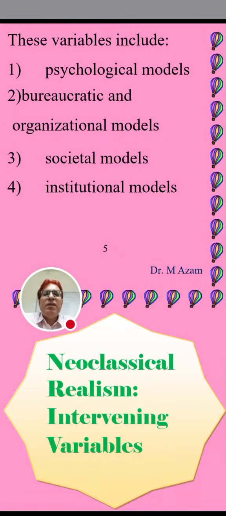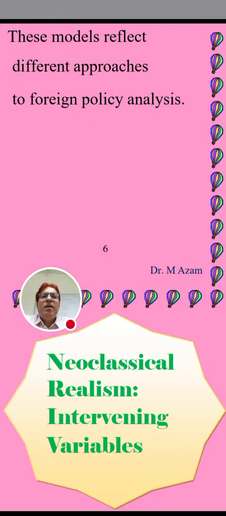These variables include psychological models, bureaucratic and organizational models, societal models, and institutional models. These models reflect different approaches to foreign policy analysis. These are models of foreign policy analysis.